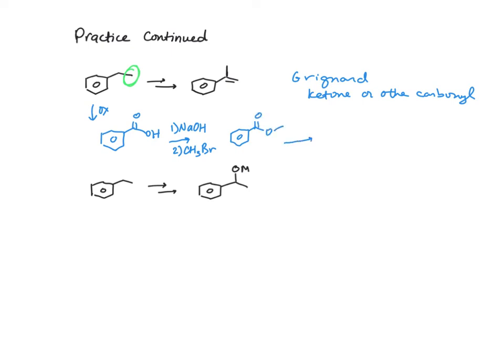Then when we treat this with an excess of the Grignard reagent itself, this gives us our alcohol with 2 new carbons.